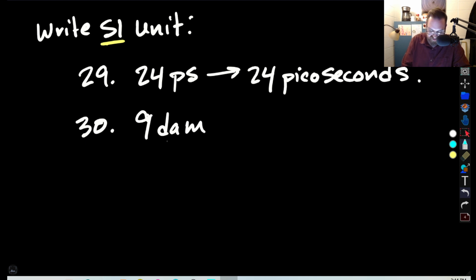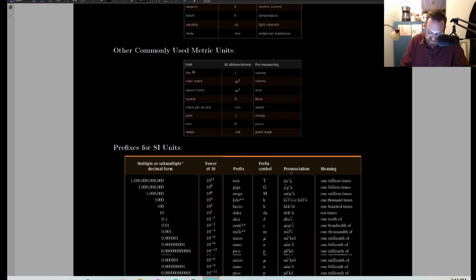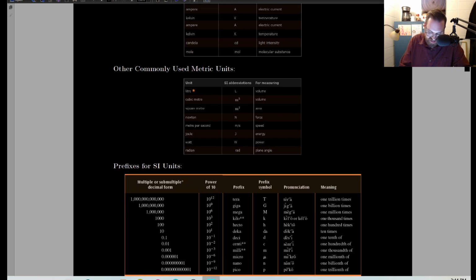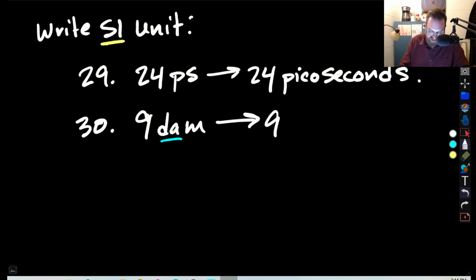The prefix is going to be this guy right there. So we bring the 9 along, and then we look for the da down in the prefixes. That's going to be deca, and then M, you may already know this one, is going to be meters. So this is 9 decameters.